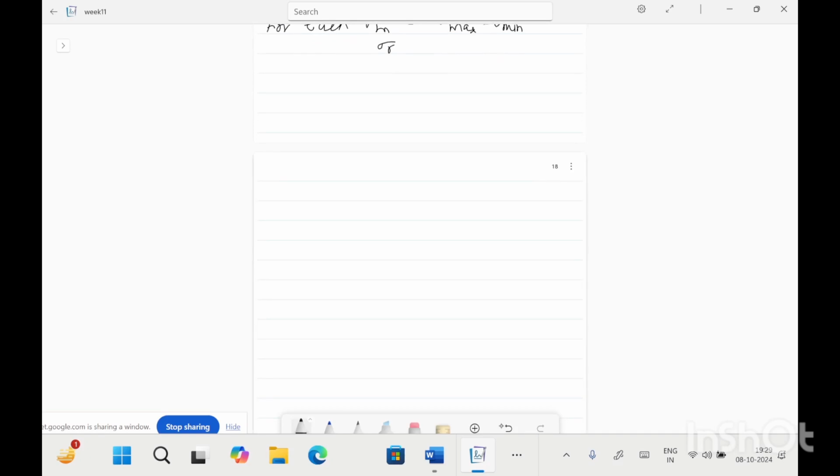If a curve is drawn between the maximum and minimum stress in tension or compression, this is in tension and this is compression. This is the stress range, and this is sigma minimum and this is sigma maximum.